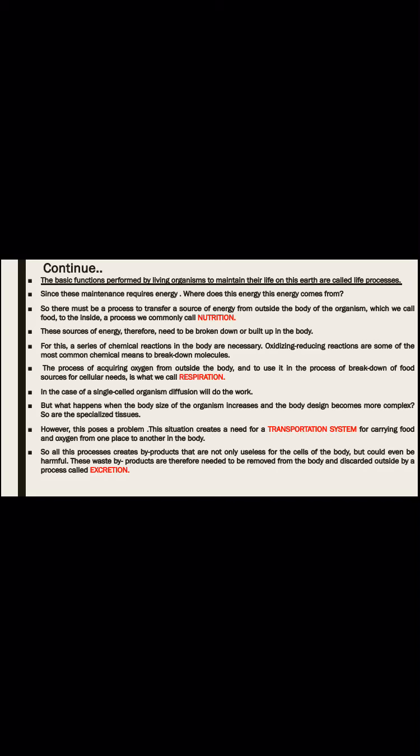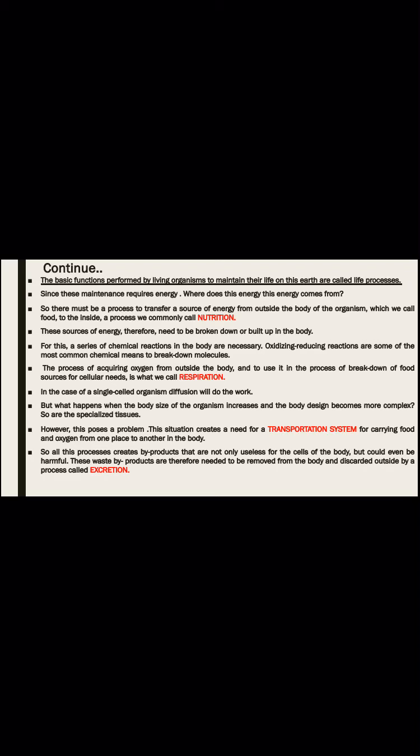But what about us? What about all the other multicellular organisms which are made up of millions and trillions of cells? For them, all this is not so easy, and it is a complex phenomenon. Many cells are needed to take in oxygen and to take in food, and therefore they are complex.